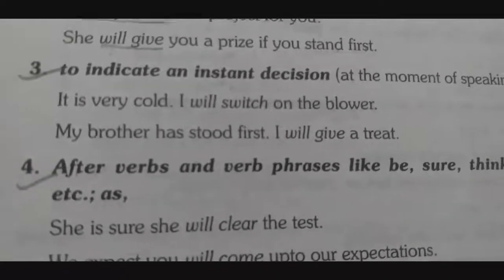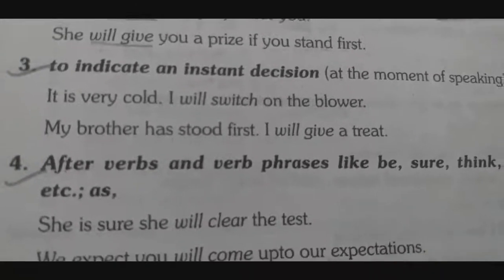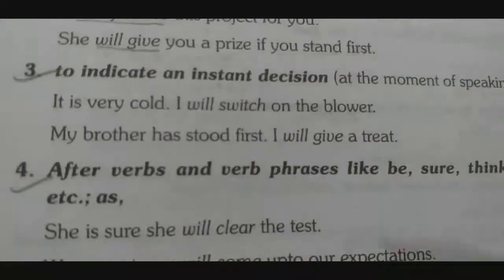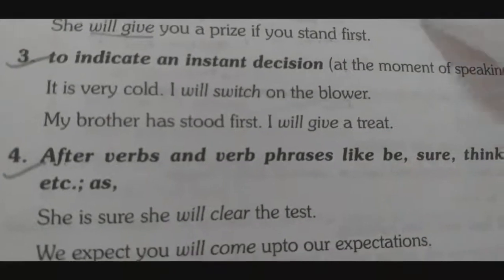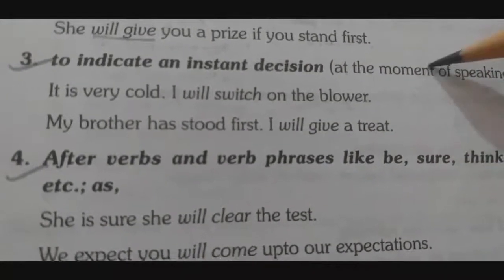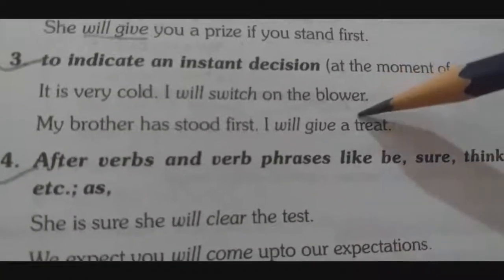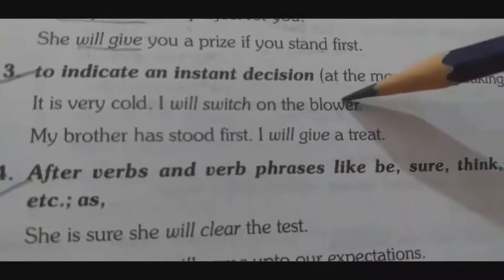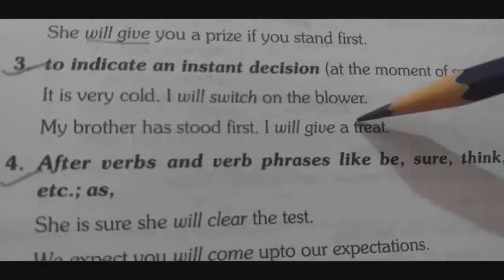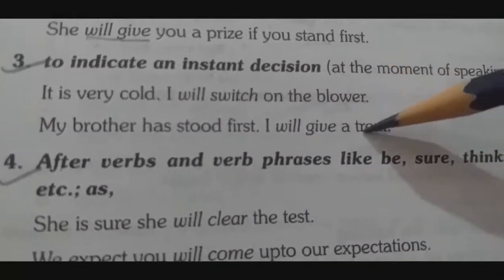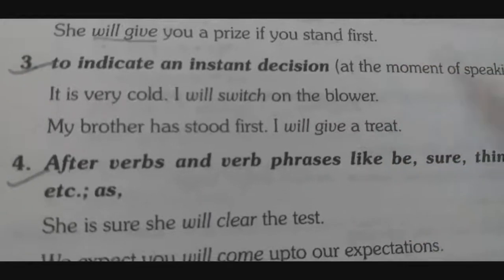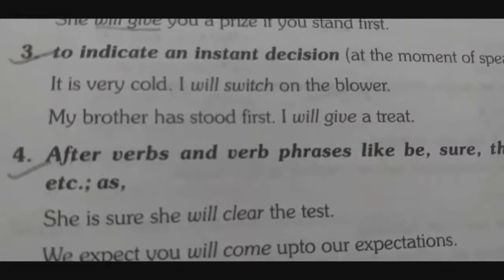So this shows that your action, what you are going to do, is indicating the future tense. It is not indicating the present tense, not now. It is indicating a few minutes later on. That means 1 minute or 2 minutes or a few seconds. So it comes under simple future tense.